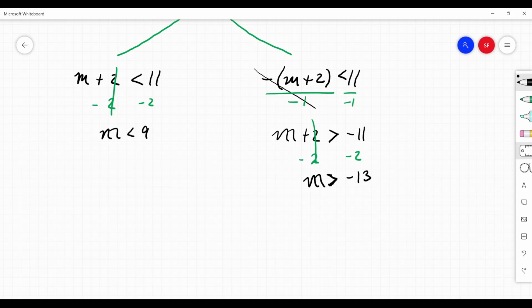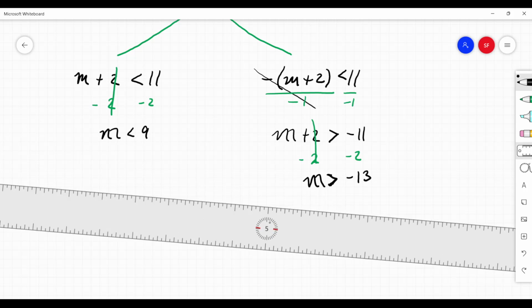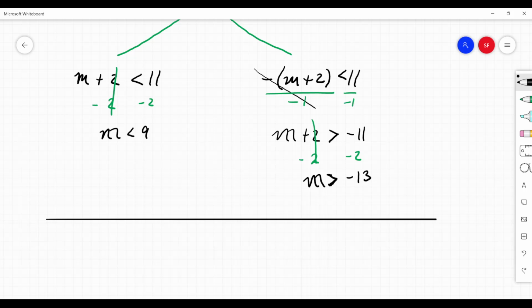Okay, so then we go to graph it. We're going to put a 0 on there. I'm going to count 2, 4, 6, 8, 10, and put 9 right there.